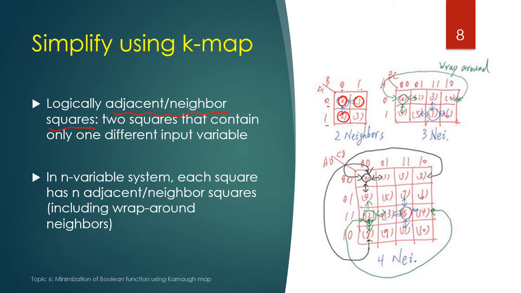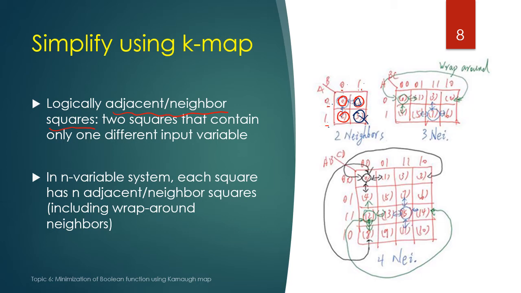However, for 0 and 3, the combination for 3 is 1, 1 versus 0, 0. So both bits are different, so they are not adjacent. If we apply this to any other squares in this map, we can conclude that in a two-variable system, each square has 2 adjacent squares, no matter which one you look at.